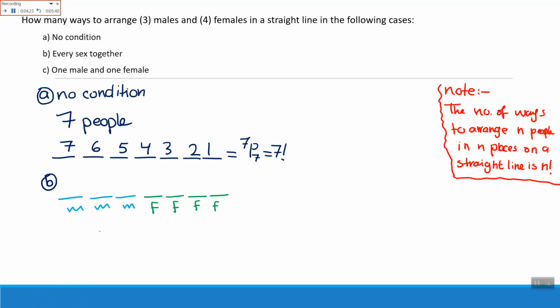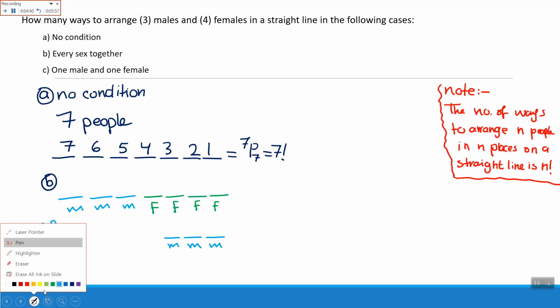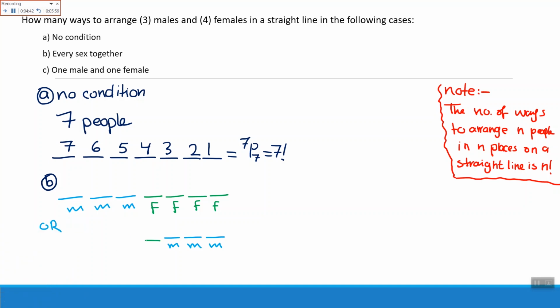So this is one way to put it. We put the 3 males first, and then we put the 4 females after that. Or there is also another way, which is you put the 3 males at the end, and you put the 4 females at the beginning.